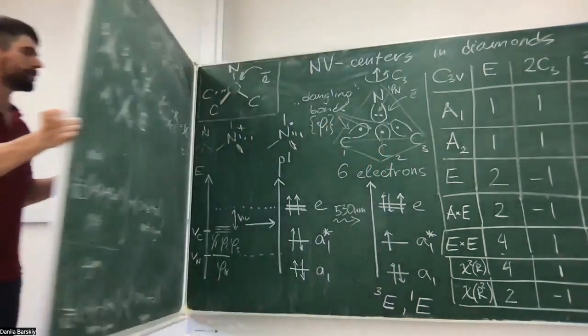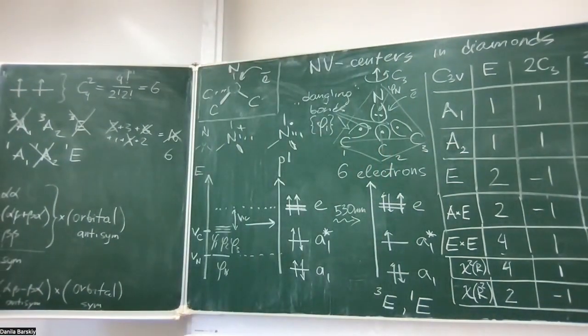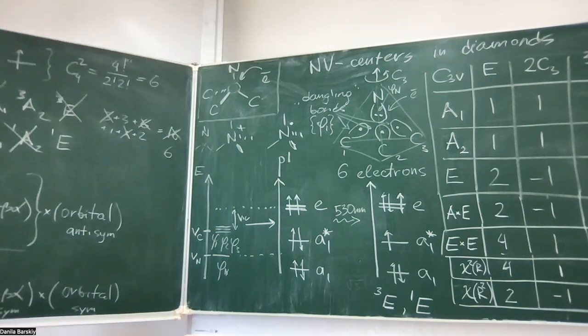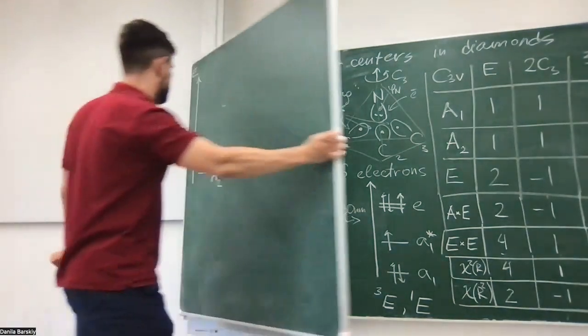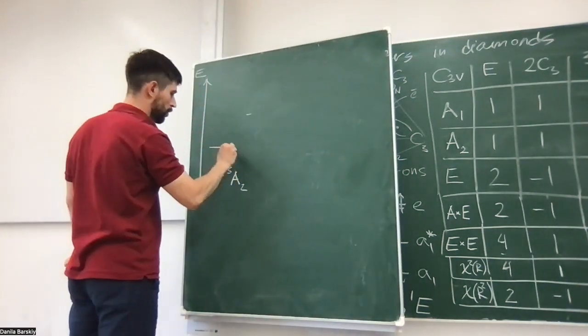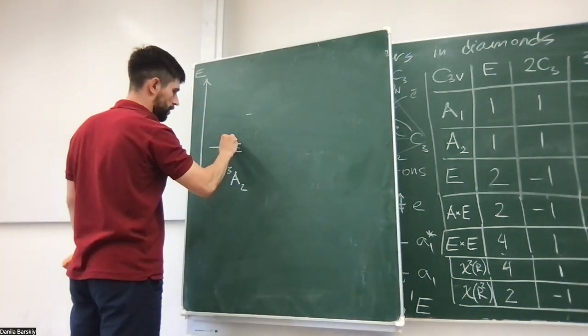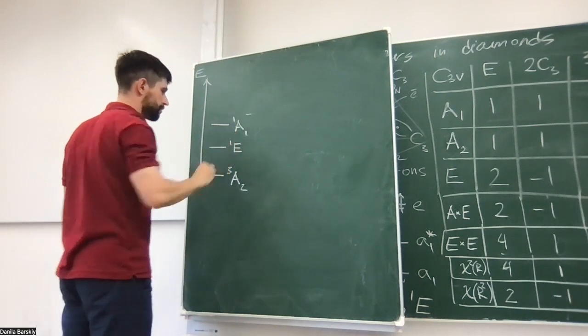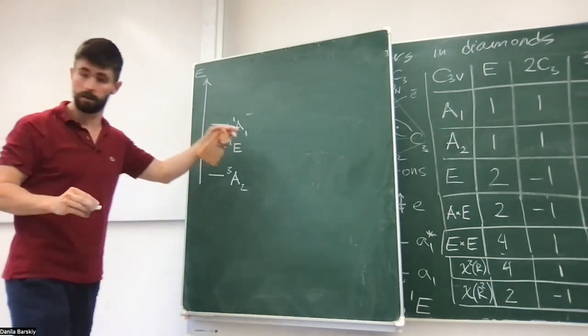Then we have other states, and it's actually not trivial which one is lower and which one is higher. I'm not going to lie, it's not easy to understand, and you have to do a more specific calculation for that. But I know from other people, from papers, that actually E1 is a little lower than A11. So that's your ground state.